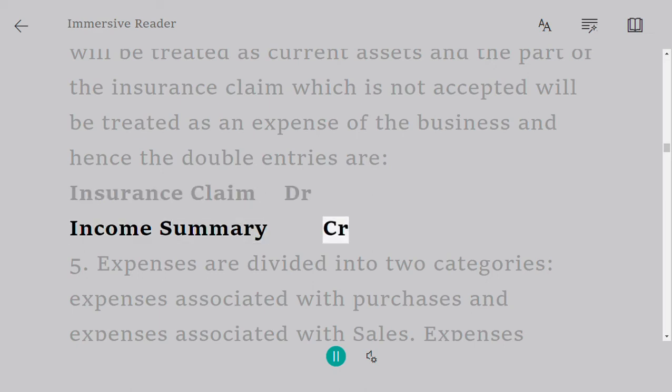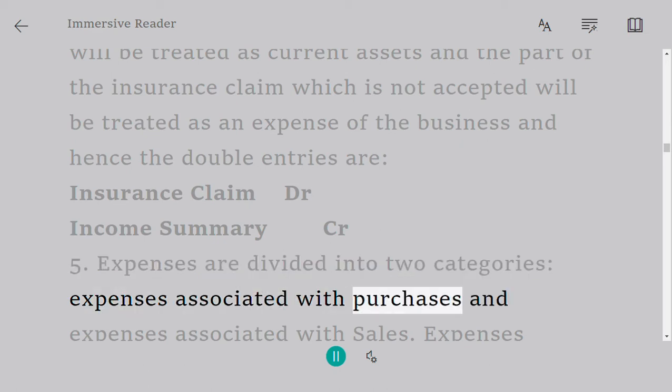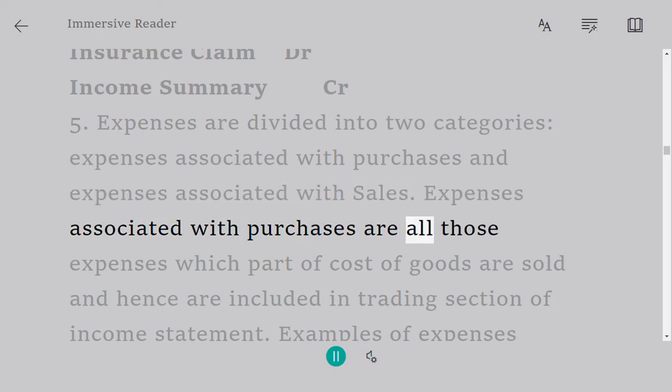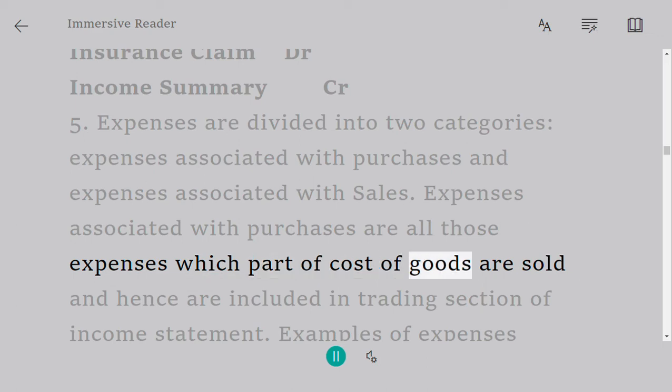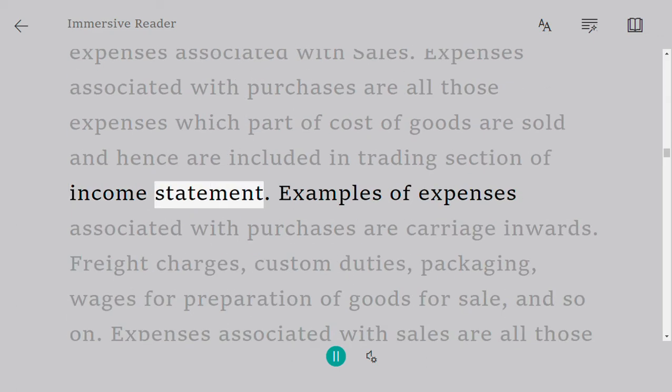Income summary Cr. 5. Expenses are divided into two categories: expenses associated with purchases and expenses associated with sales. Expenses associated with purchases are all those expenses which are part of cost of goods sold and hence are included in the trading section of the income statement.